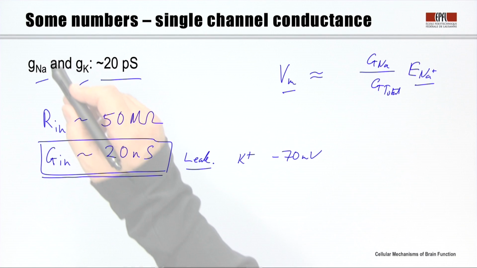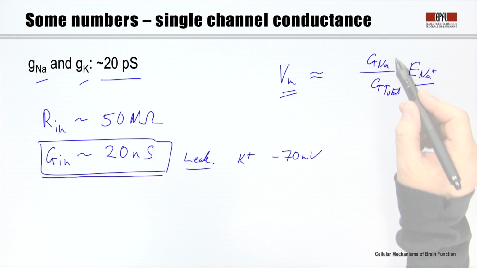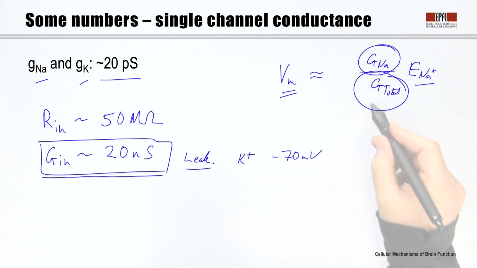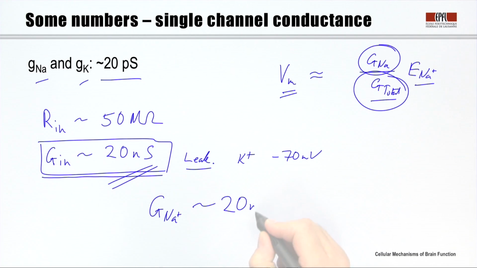If we want the voltage-gated sodium channel to make a considerable impact upon the overall membrane potential, the overall sodium conductance must at least get close to the total conductance of the cell. We said that the leak conductance is somewhere around 20 nanosiemens, so the total voltage-gated sodium conductance also needs to be somewhere around 20 nanosiemens.